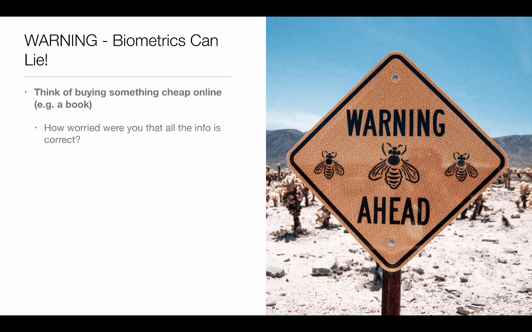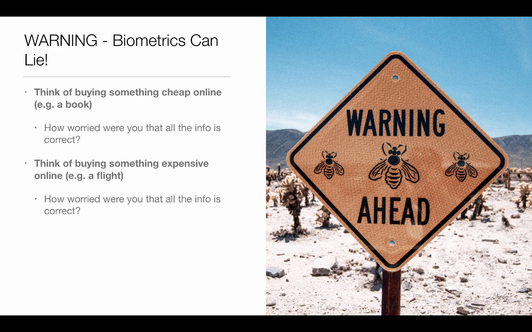Now, the warning here. Biometrics really can lie. So think about when you're buying something cheap online, so you're buying a book or something strange off Wish, and you're not worried about it. If something goes wrong, doesn't arrive, you're okay. But you're going to buy a flight somewhere, so you're spending hundreds of pounds. Suddenly, that nervousness is very important, so you become worried about things.